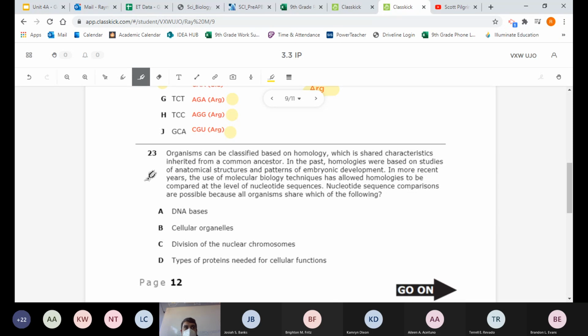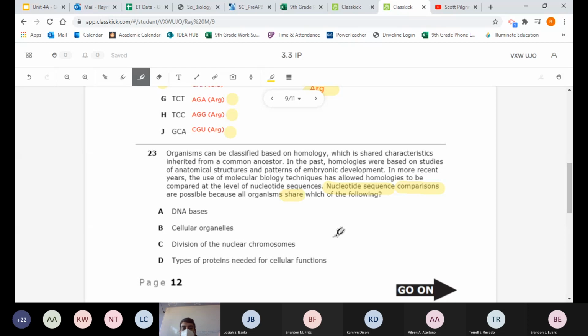Whoa, we're just given a whole encyclopedia worth of information, right? Next sentence. Nucleotide sequence comparisons are possible because all organisms share which of the following. So here we're told a whole bunch of nonsense about the past and homologies, whatever. The question is saying nucleotide sequences comparisons specifically are possible because they share which of the following.